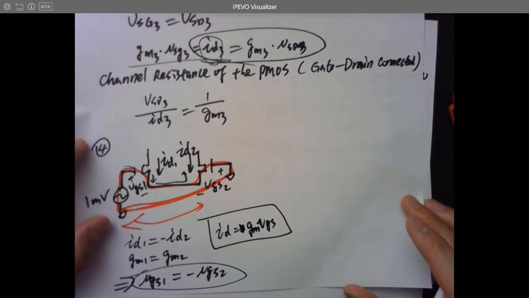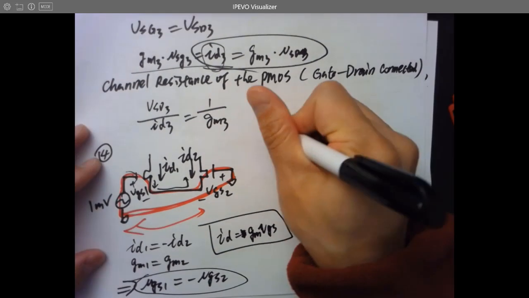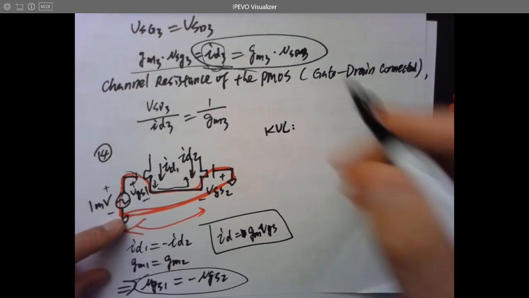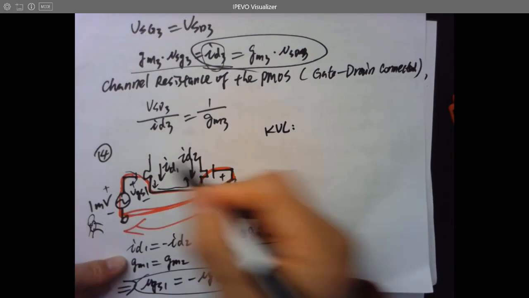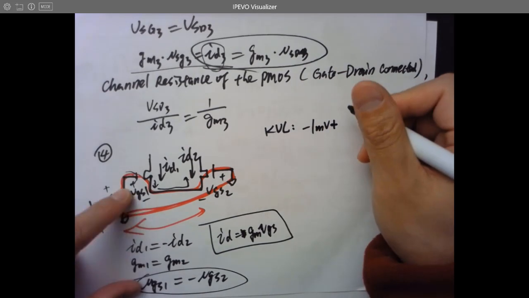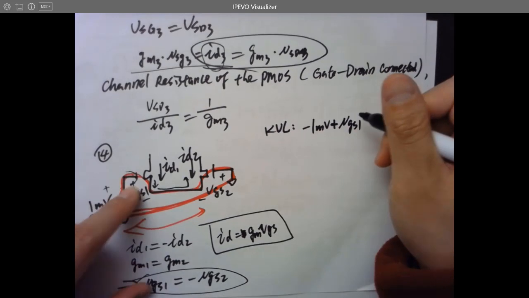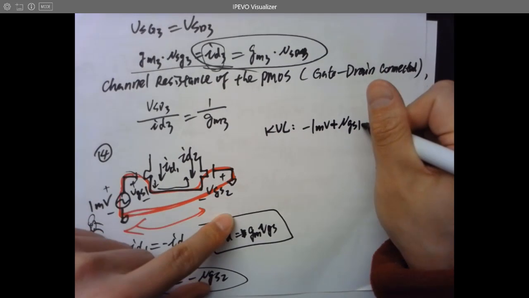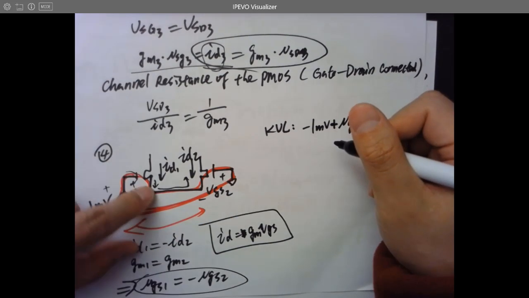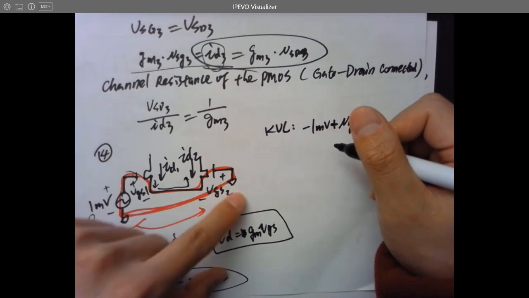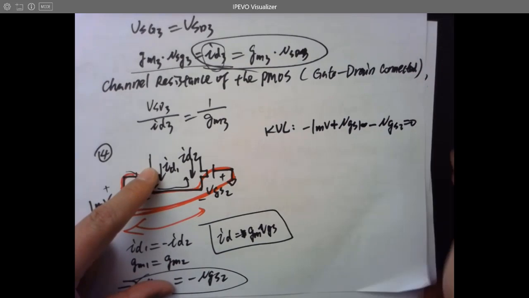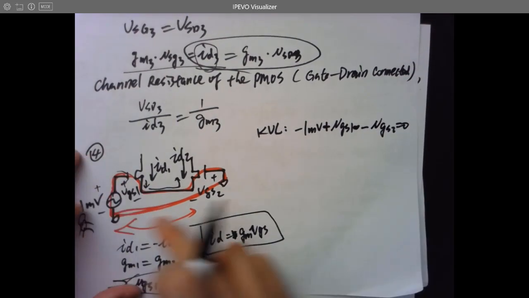And now, what's next? You do a KVL for this circle. Starting from here, it's plus minus for this AC signal. So starting from here, start traveling. It will be minus 1 millivolt plus VGS1, and following this branch, minus plus, and then go back, so it should be minus VGS2 equals to 0. So that's the KVL for this circle.